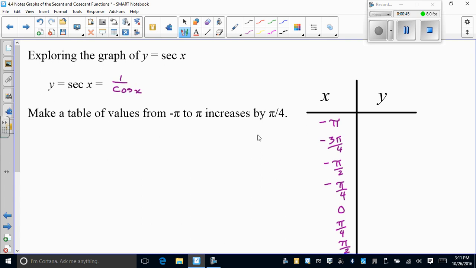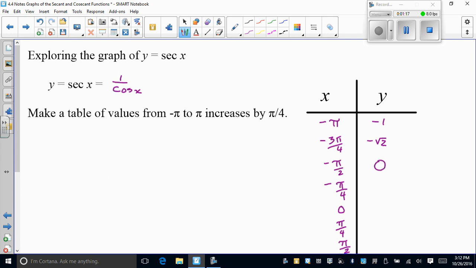Cosine at negative pi is negative 1. At negative 3 pi over 4, cosine will be negative radical 2 over 2, which is negative radical 2 for secant. At negative pi over 2, cosine is 0, so secant would be undefined.